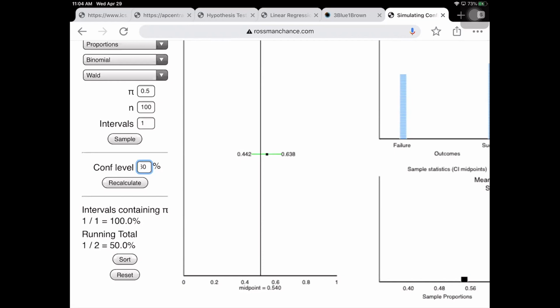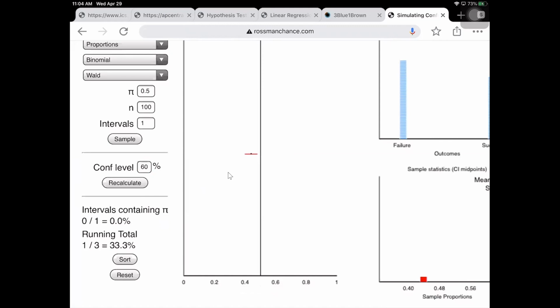All right, so let's check that out. Let's see what happened. So let's do the sample. Oh, I can't press it. All right, so if you look at it, what happened? What happened to my confidence interval?